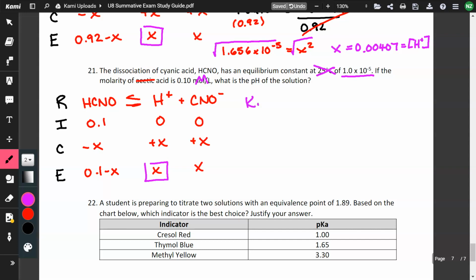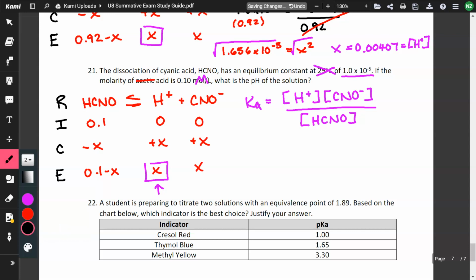So Ka is equal to our H plus CNO minus over HCNO. Okay, so we don't have this number. We have an x, so we're going to kind of work backwards like we did in the last one.